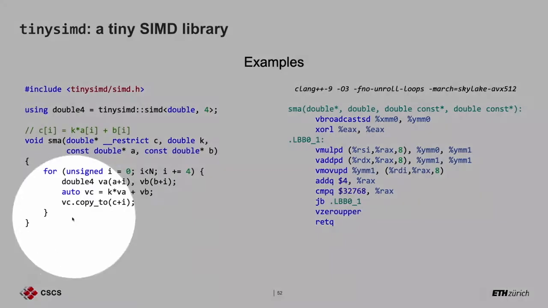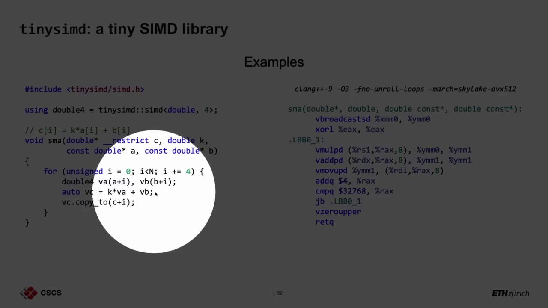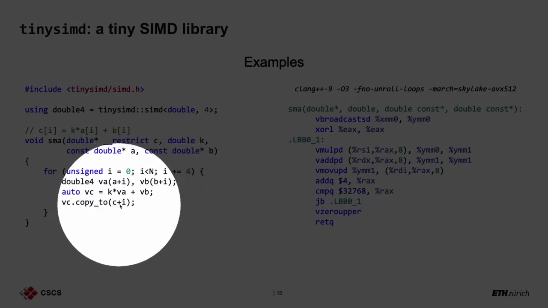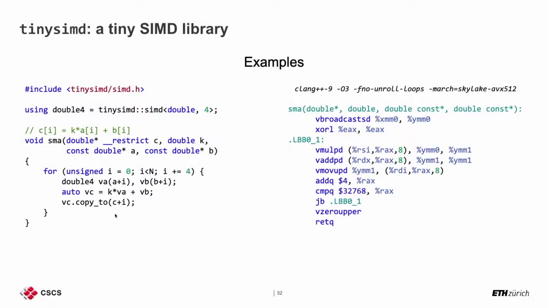I'm going to load VA from memory, VB from memory, do the operation, and then copy to C in memory. It's quite similar to the version of the code we had that uses the experimental C++ interface, except we're lazy and we don't have the element aligned stuff. Our implementation just presumes it's unaligned and plays it safe. And again, the generated code on the right-hand side is vectorized. It did the right thing.